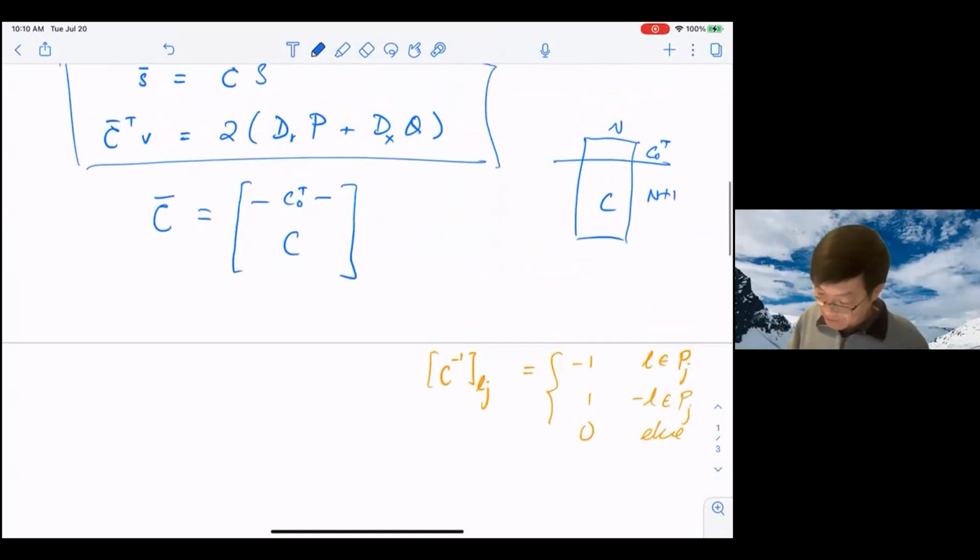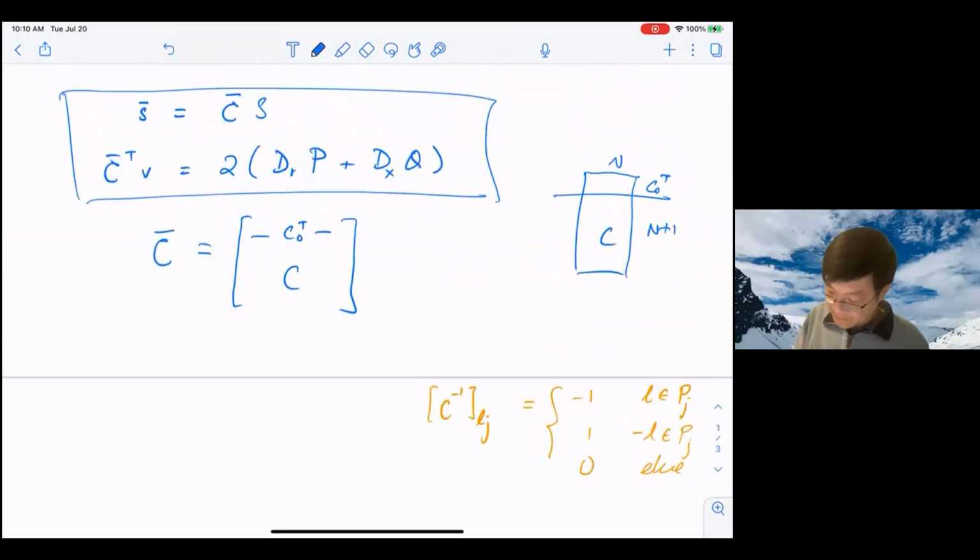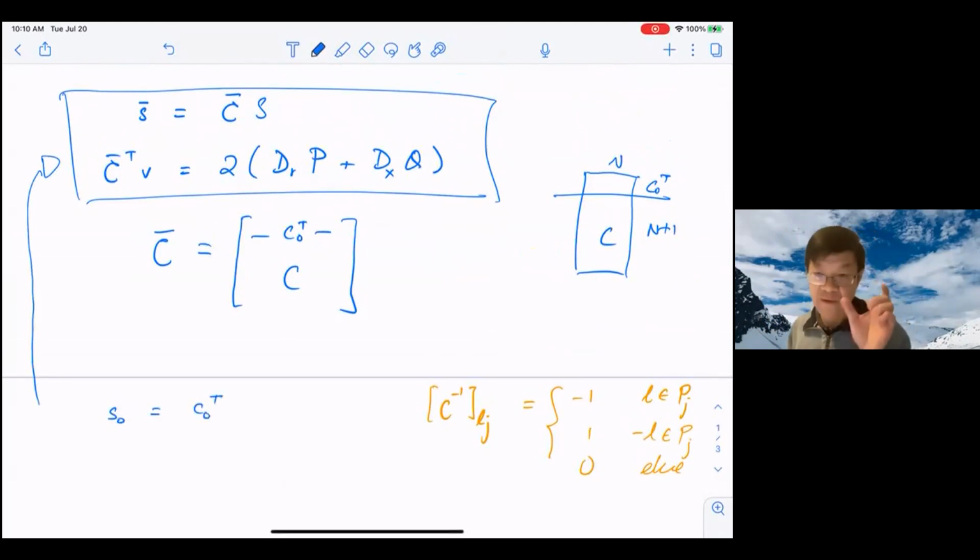So you can solve this set of equations using the inverse. The first row of the power balance equation is simply S0 equals c0 transpose, which is a given vector, the first row of the incidence matrix, times S. Once we have solved for the capital S, the branch flows, we can compute the substation power easily.